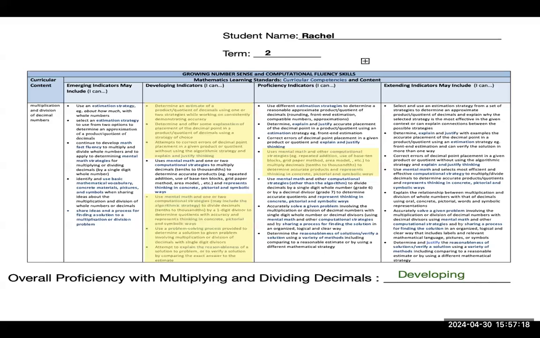And we will provide more opportunity for her to work on some estimation strategies as well. So that's giving us a picture of where Rachel's understanding is about the concept of decimals and multiplying and dividing, but it also gives us some indication of where she is in terms of building her skills.